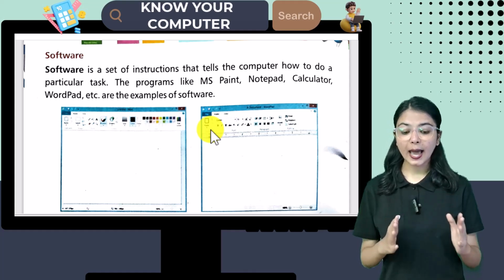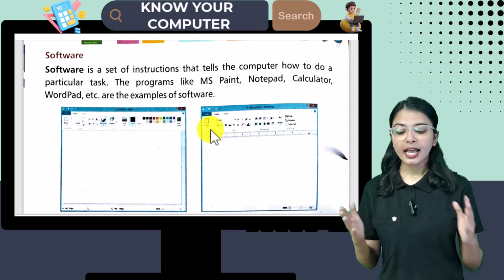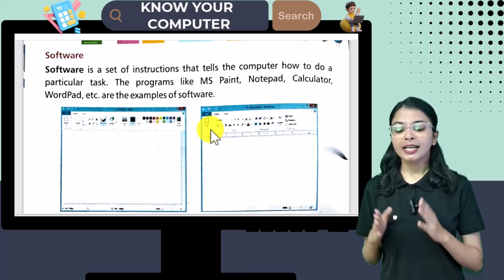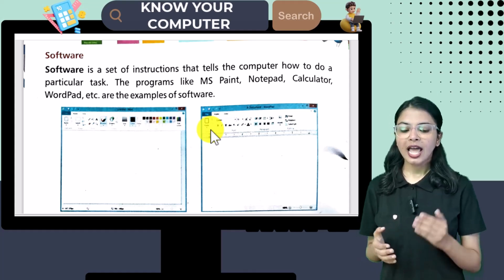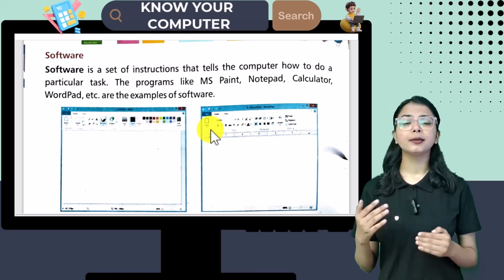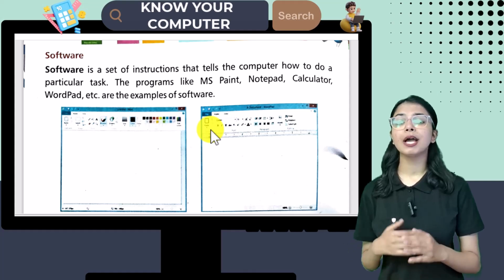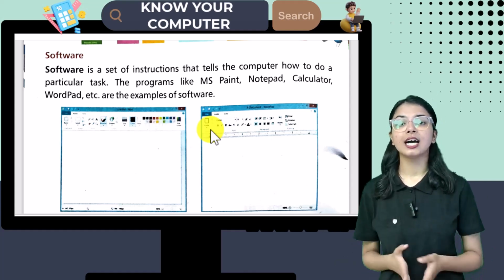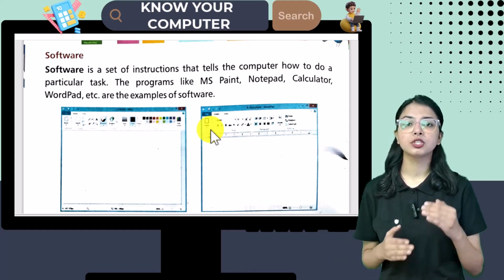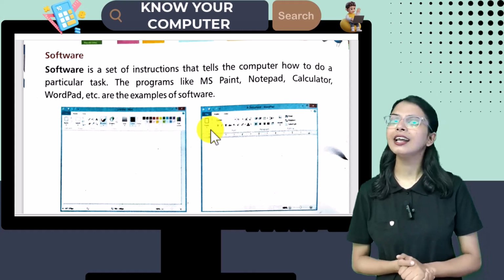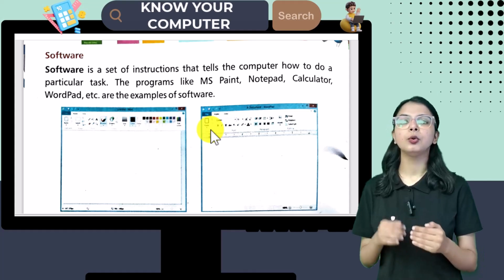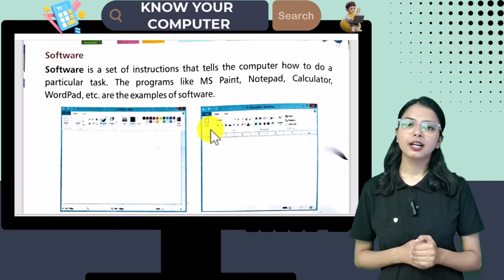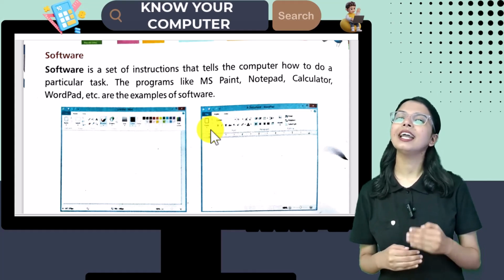Programs like MS Paint, Notepad, Calculator, WordPad, these are examples of software. MS Paint, Notepad, Calculator, Microsoft Excel, Microsoft Word, all these are software programs which are already installed in our computers, and some software programs we have to install in our computer. Those are additional ones.